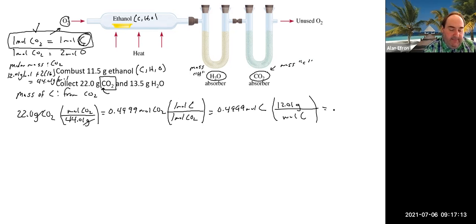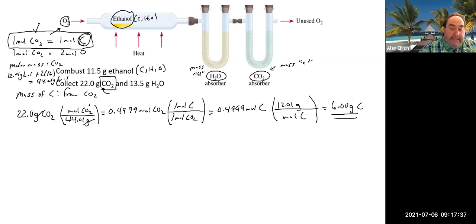And that ends up giving us finally here that approximately there was 6 grams of carbon in that CO2. That 6 grams of carbon originally came from our ethanol sample. Any questions on that calculation?